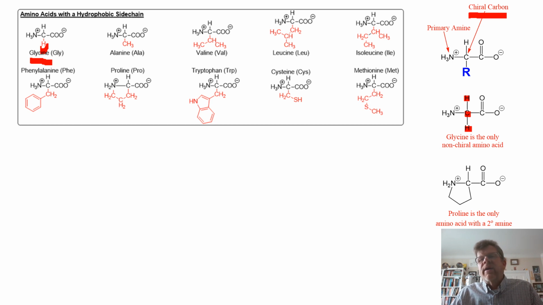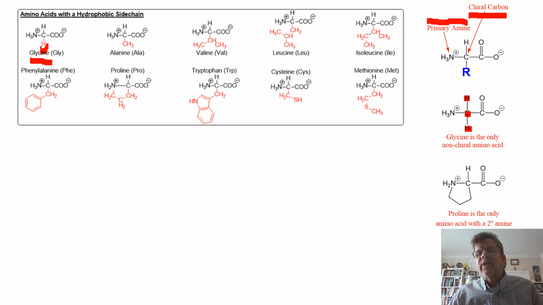Additionally, if you look in the upper right-hand corner here, any amino acid always has that nitrogen associated with it, where we get the term amino from. In 19 out of the 20 cases, that is a primary amine. If we look at this amine right here, how do we classify that?